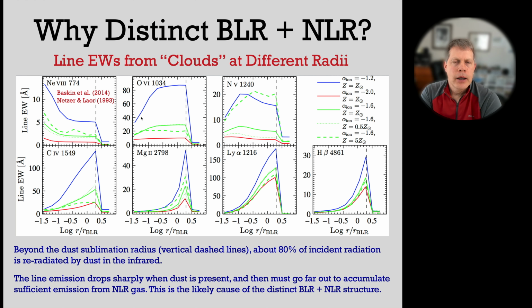As you go out in radius, you come to a point where suddenly dust is able to form, marked in each panel by these vertical dashed lines. As soon as dust can form, it starts gobbling up much of the incident radiation. In fact, about 80% of the incident radiation is re-radiated by dust in the infrared.